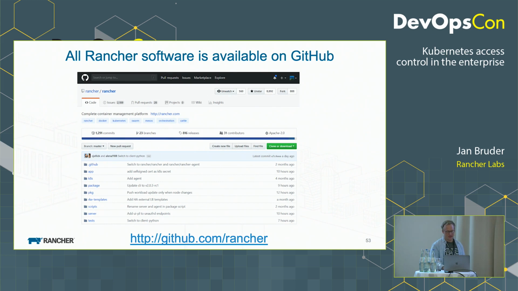We don't have any freemium stuff going on, so you get all the features that any of our enterprise customers would also get with Rancher. It's pretty easy to get started. The demo install that you saw is actually just running from a single Docker container. Of course, for production installation, there's a little bit more you have to do. But if you want to try it out, you can start the whole thing on your laptop.